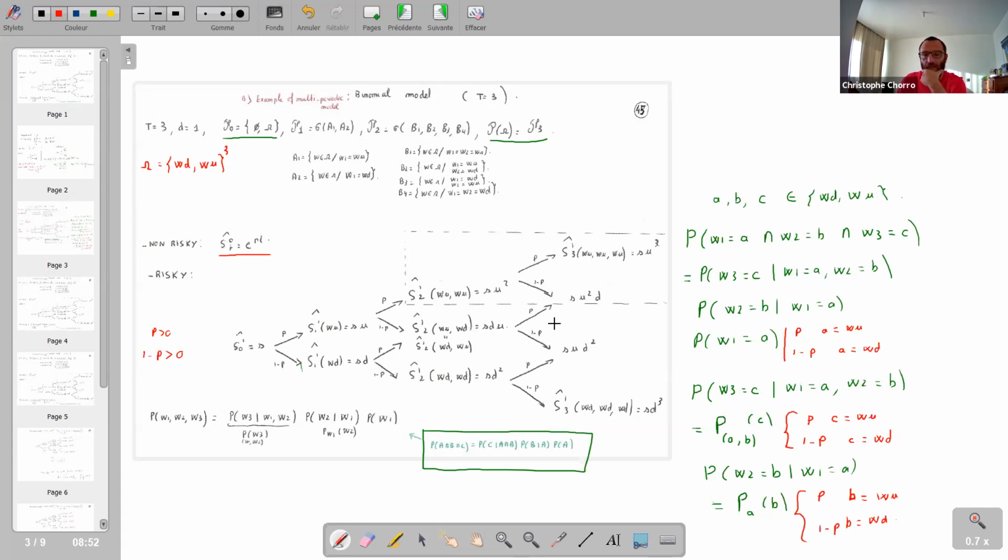What will be interesting, using this convention, is to deal with the risk neutral measure, the equivalent martingale measure. I will also use this decomposition to find the equivalent martingale measure in this situation. So these are just the classical notations for the 3-period model, based on a succession of 6 sub-models of size 1, because I have recombining trees.